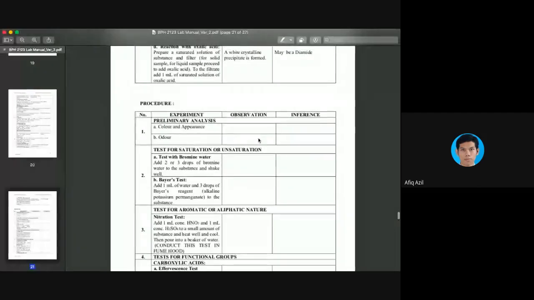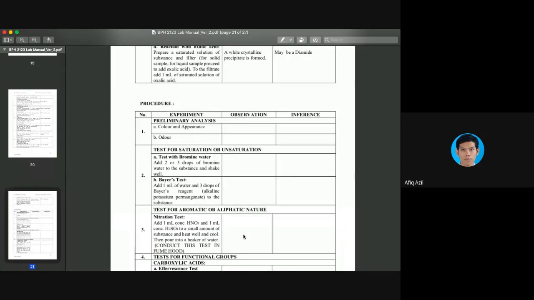Okay, in the manual, below over here, what kind of observation you are supposed to see. For example, anisidine. Let's say it is an aromatic compound. So you have to check what anisidine is, what the compound is, what the functional group is. Let's say it is aromatic, so you should write over here that the observation should be positive for an aromatic compound.